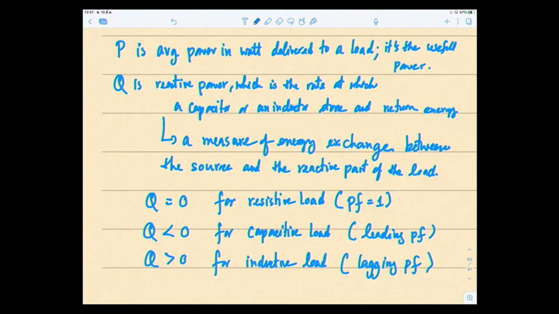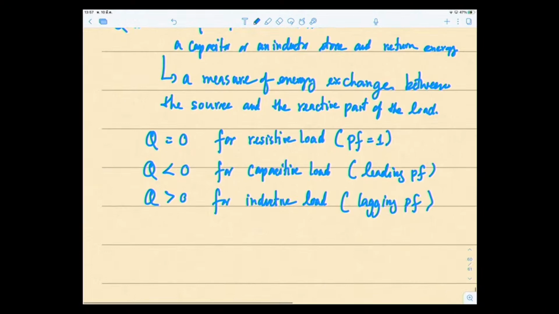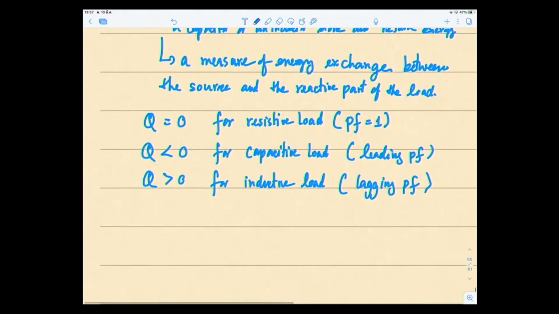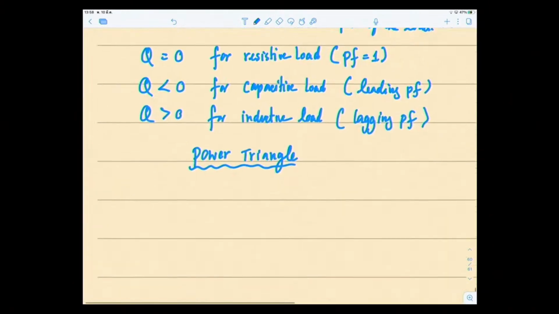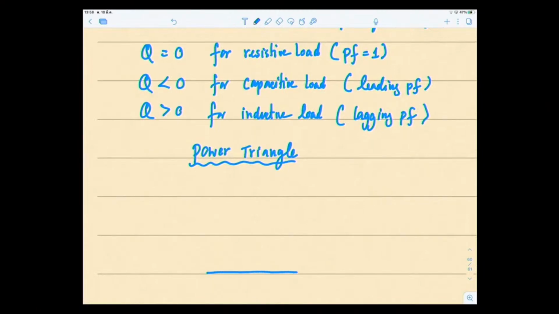Now, next one, I would talk about the power triangle. It's another way for you to remember and represent the form of the apparent power, real power, and reactive power, by remembering this right angle triangle shape.